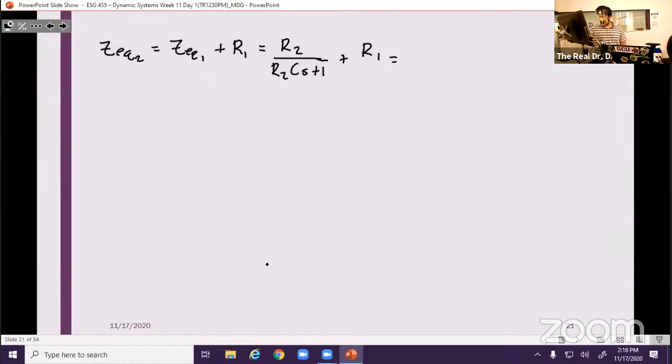So I'll get R2 plus R1 R2 CS plus R1 over R2 CS plus 1. What did I do? I multiplied R1 by R2 CS plus 1 over R2 CS plus 1, right? Multiply through and drop that.